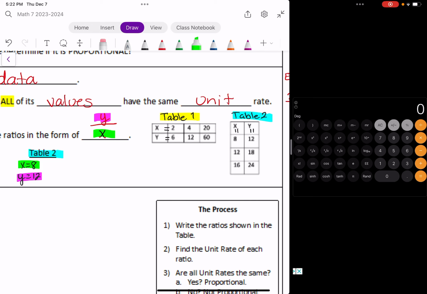Matching our ratio form, it is going to be 12 over 8. That's our first pair. For our second pair, x is 12, so that goes on the bottom, and y is 18, so that goes on top. Our last one is 16 as x and 24 as y. Those are our ratios for that table.